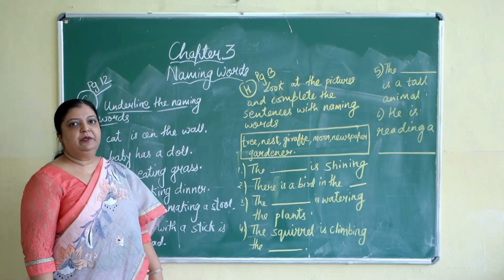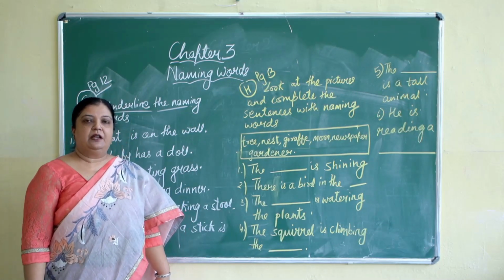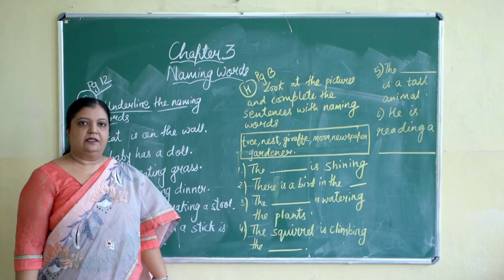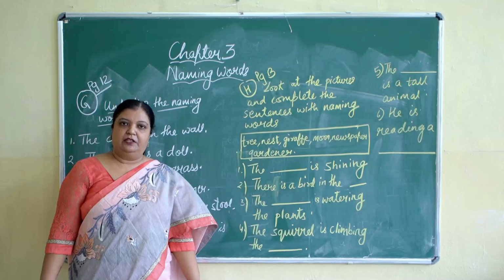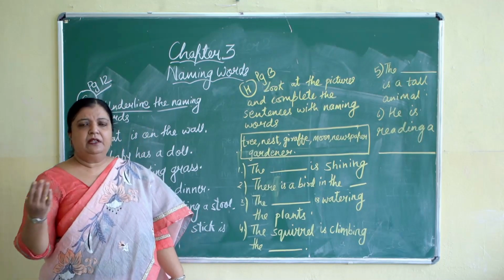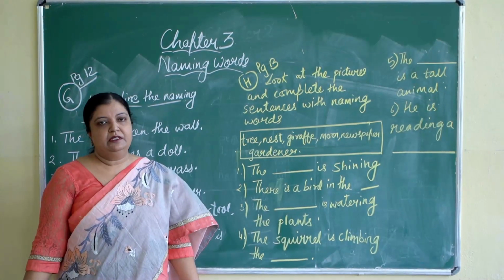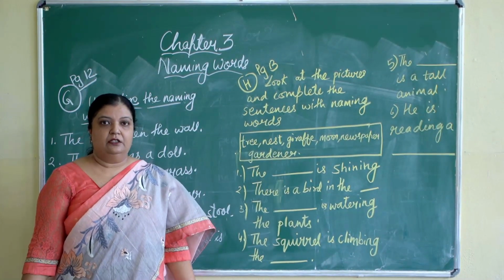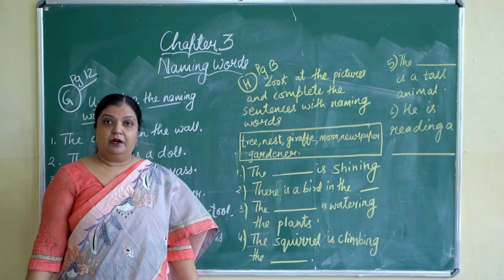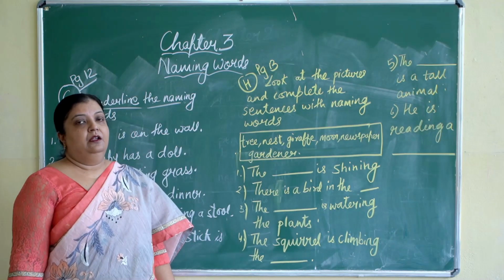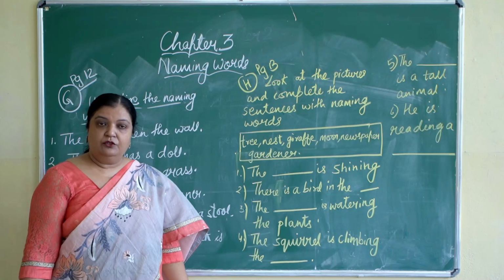Now children, we will be continuing English grammar classes with chapter 3, naming words. Let me explain something before that. So many people are around you, and you give them naming words like doctor, nurse, tailor, barber, teacher, etc. Then there are so many places around you.